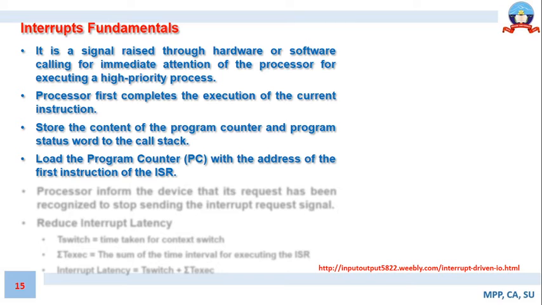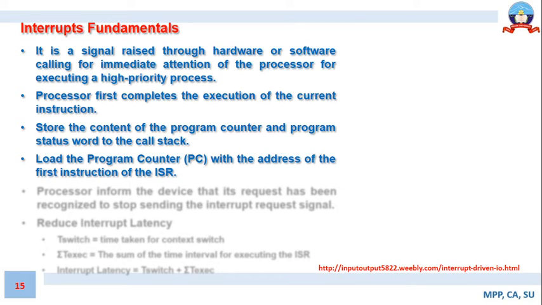As I've said, interrupt service routine is nothing but a set of instructions associated with an interrupt, which is to be executed when the processor attends to the interrupt. So every interrupt has with it an ISR, or interrupt service routine, that gives the description of the task that is to be performed by the processor whenever the interrupt takes place.